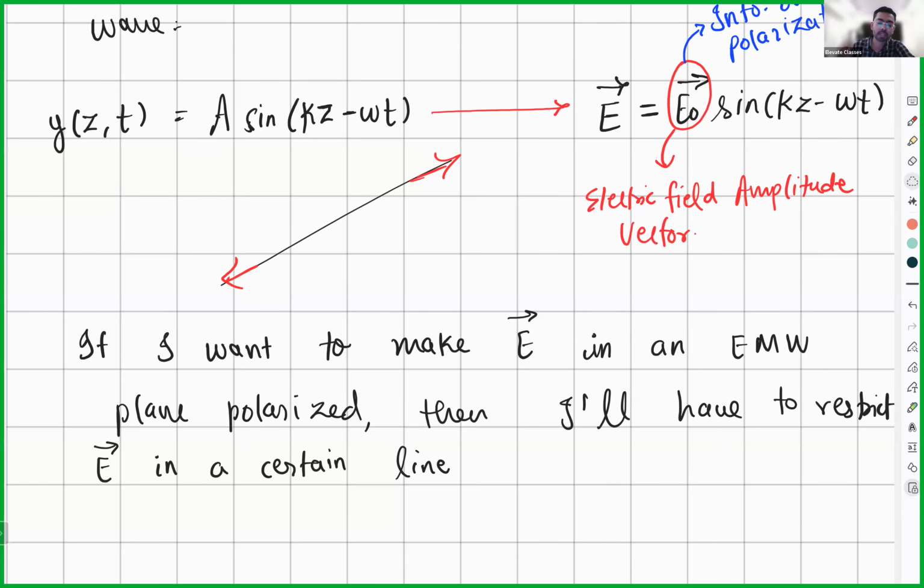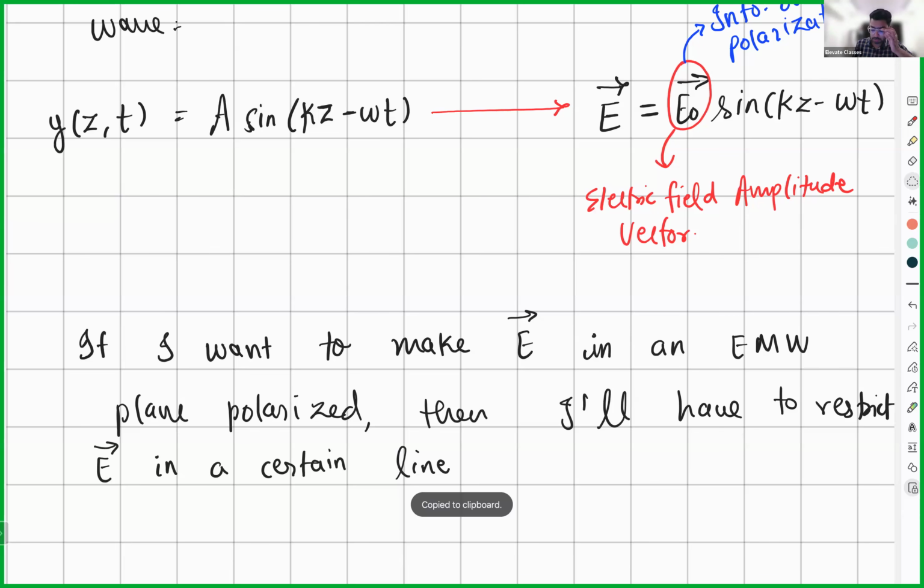So this electric field is continuously oscillating back and forth. That is why along a single line, the oscillations of electric field will lie. Now this is a property of plane polarized light. Plane polarized light is also known as linearly polarized light for the same reason, that the electric field oscillations lie along a single line.